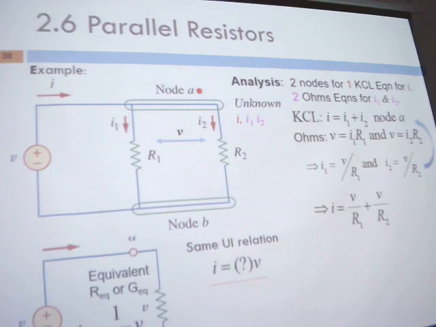If we put these values inside, we get this equation. Now the next step, we need to make this equation in the form of this one. We can take the V out of those two elements, and we get this one.